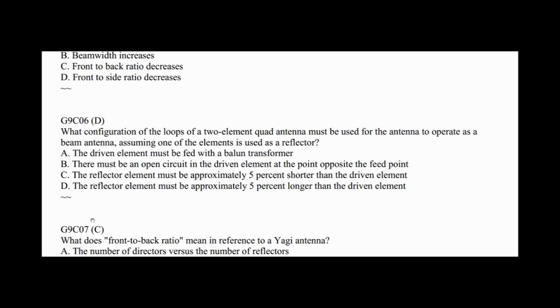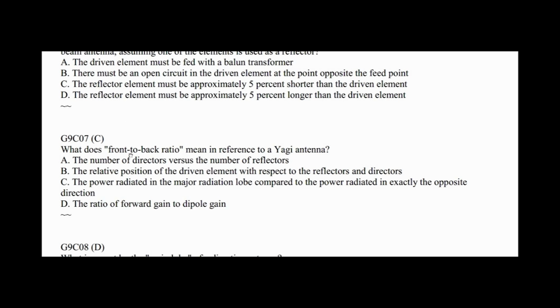Again, I don't agree with the answer. It doesn't have to be 5% longer. Depends on the spacing. Could be a larger number, but as a rule of thumb, 5% is correct.